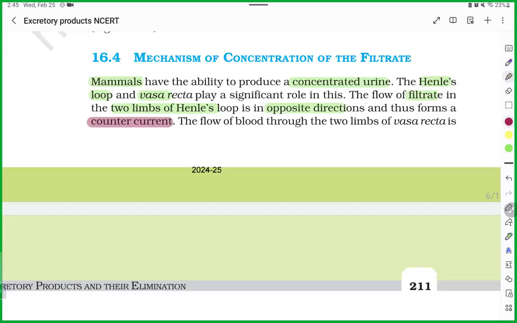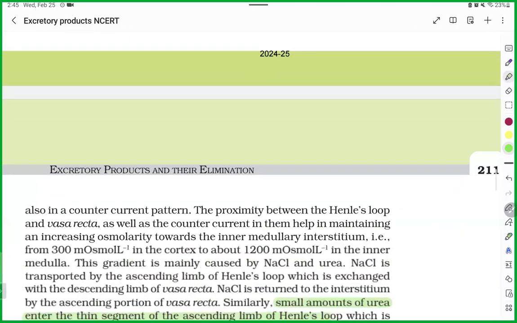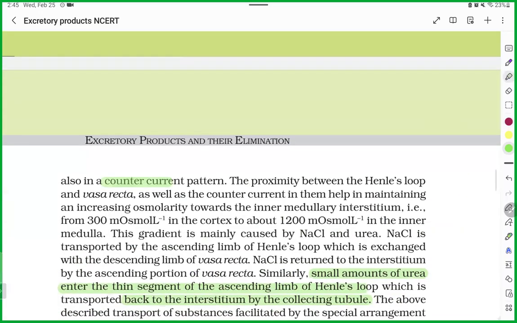We are talking about the loop of Henle separately and the vasa recta separately. Both have countercurrent. The flow of blood through the two limbs of the vasa recta is again countercurrent in nature.